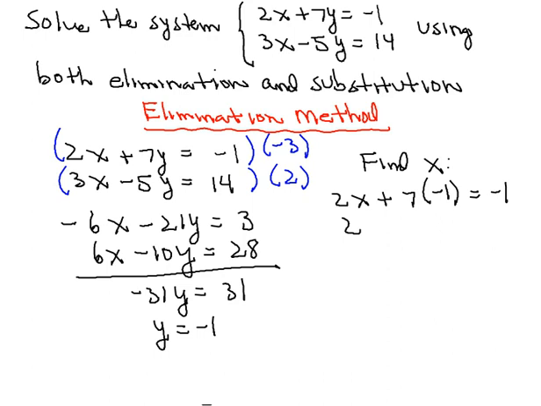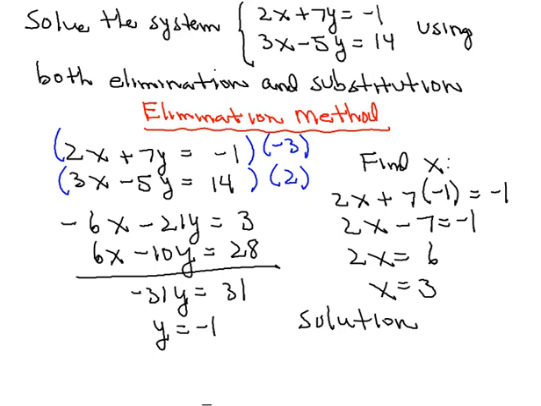So we have then 2x minus 7 is equal to -1. 2x is equal to 6 then, or x is equal to +3. And so we'll then express the solution as an ordered pair. And we'll write then (3, -1).